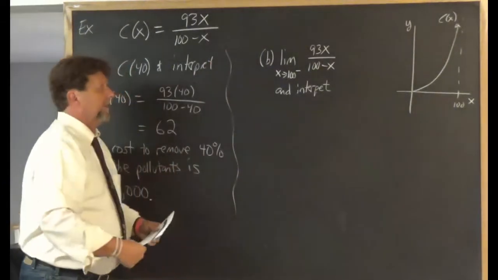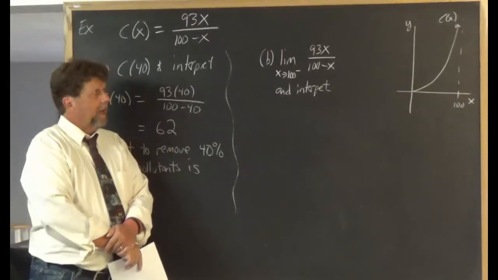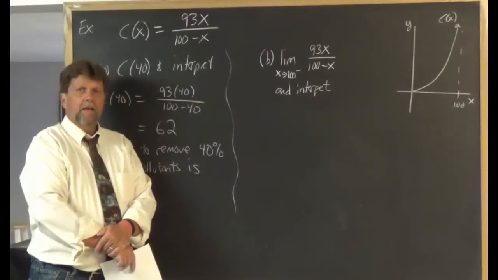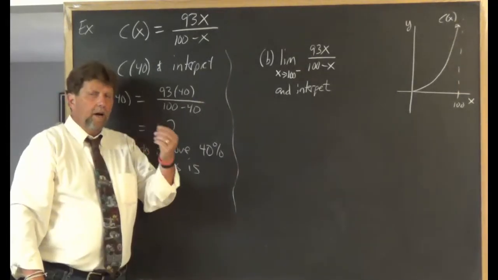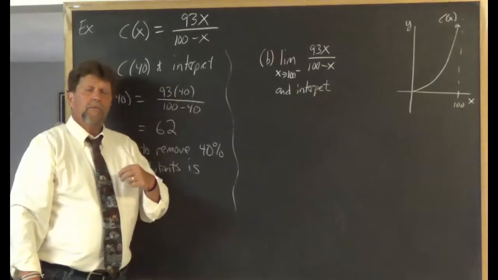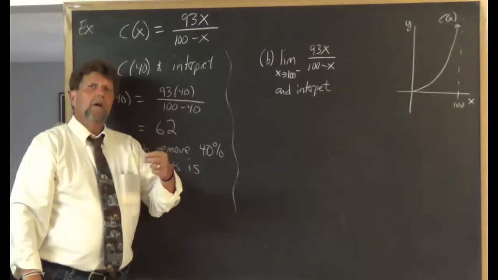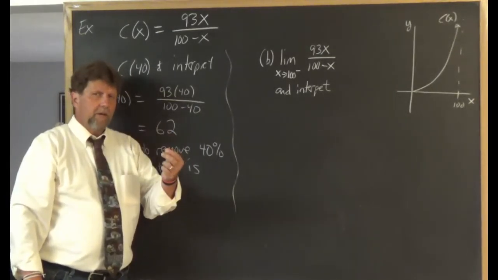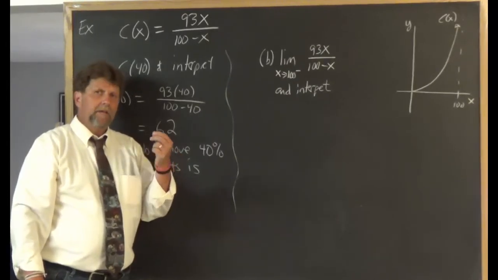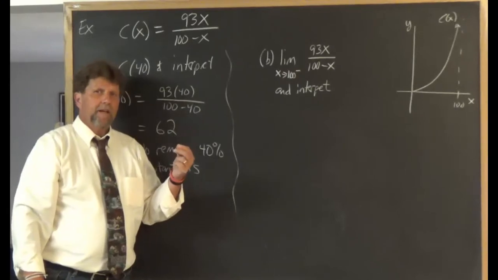Okay, part B, find the limit as x approaches 100 from the left of 93x over 100 minus x. I know 100 is a value of x that makes the denominator 0. The numerator is not 0. So I know we have a vertical asymptote at x equals 100. That means the limit is either infinity or negative infinity.